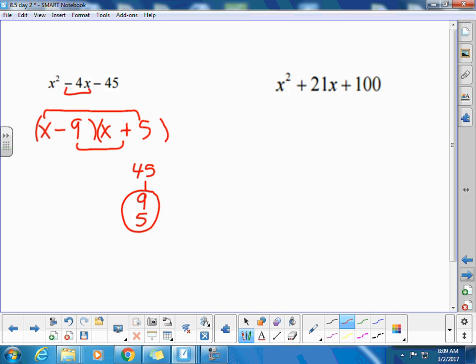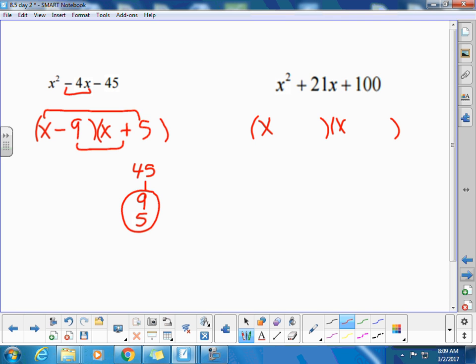x squared plus 21x plus 100. Again, both have to start with x's. Factors of 100, boy, there's a lot of them. They multiply together to give me a positive number and add to give me a positive number, so I know they both have to be positive. They have to add up to 21.